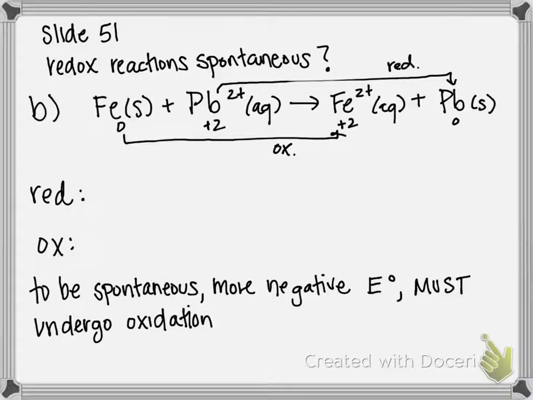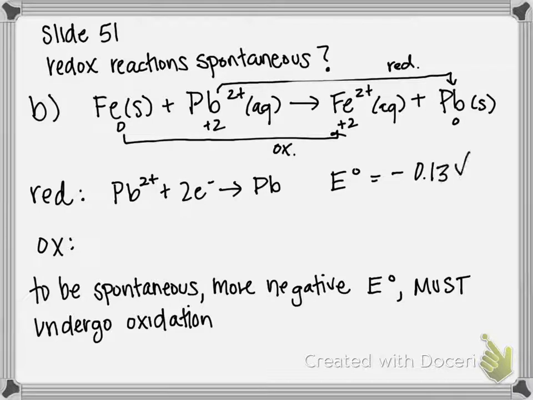And so now we can look up the half reactions of both of these. So lead 2+ to lead 0 is written like this. And if you look up the value on your standard electrode potential table, for this half reaction, it's negative 0.13 volts.